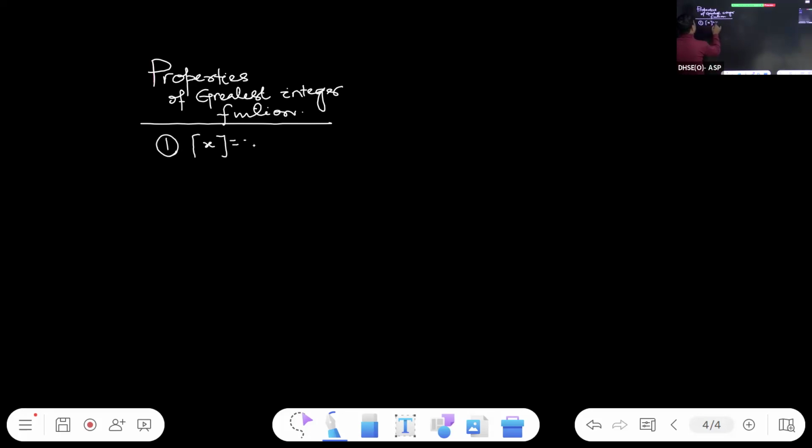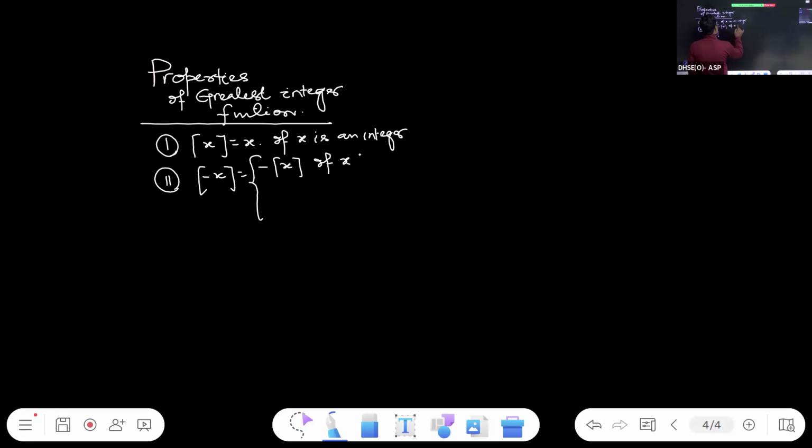Bracket x is equal to x if x is an integer. Bracket of minus x is equal to minus of bracket x if x is an integer, and minus bracket x minus 1 if x is not an integer.